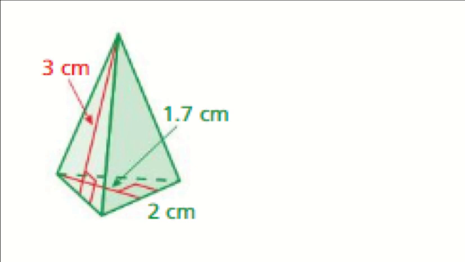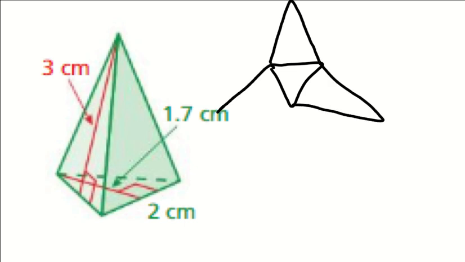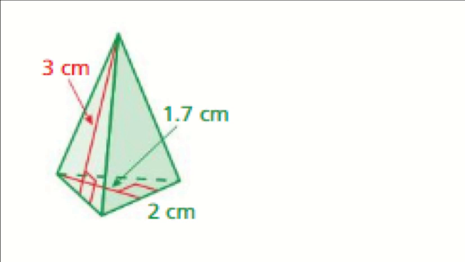When it's not equilateral, what you end up getting for your net is like a triangle, and then it usually has like longer triangles coming off of it, so it looks a little different, okay? So what we have here on the bottom, and this picture's a little trickier, our base here for the bottom triangle is 2. The height right there is 1.7.